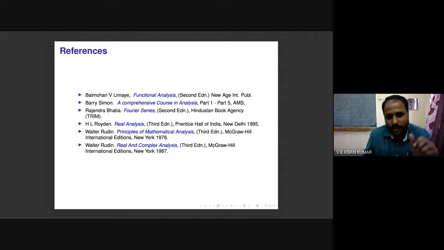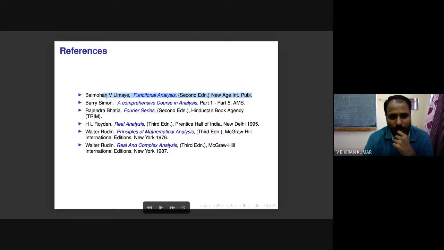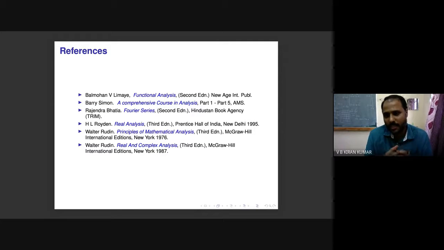In fact, I also wish to mention some references. This is a classical reference. Limaye is known to most of you. Barry Simon has written A Comprehensive Course in Analysis. There are 5 parts in this textbook. It came out very recently, in the last 5 years or so. It starts from basic real analysis and ends with operator theory, operator algebra, spectral theory, and so on.